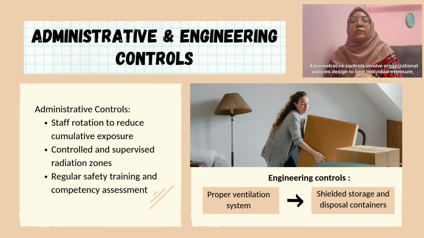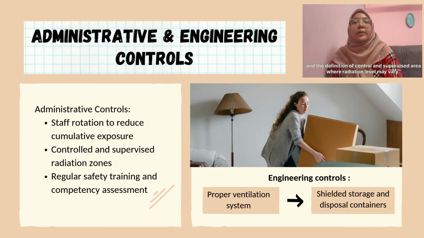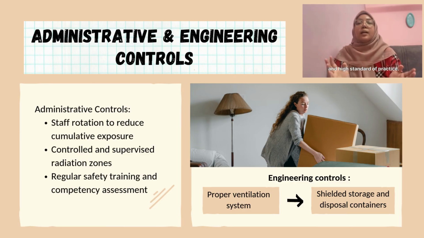Administrative controls involve organizational policies designed to limit individual exposure. These include staff rotation, which prevents any single worker from accumulating excessive dose, and the designation of controlled and supervised areas where radiation levels may vary. Regular safety training updates and competency evaluations ensure that staff maintain high standards of practice.